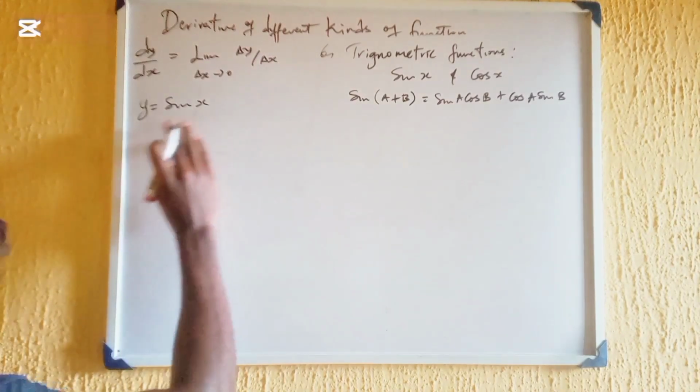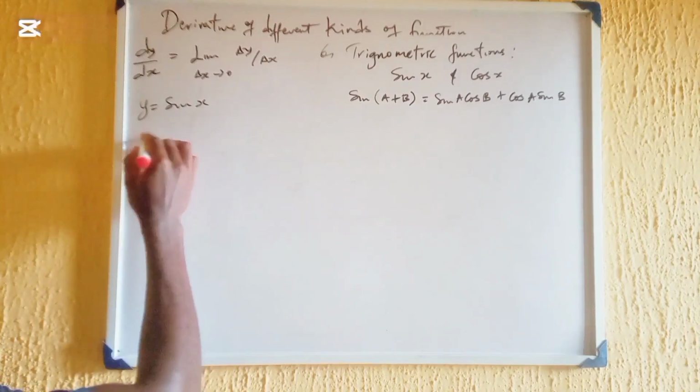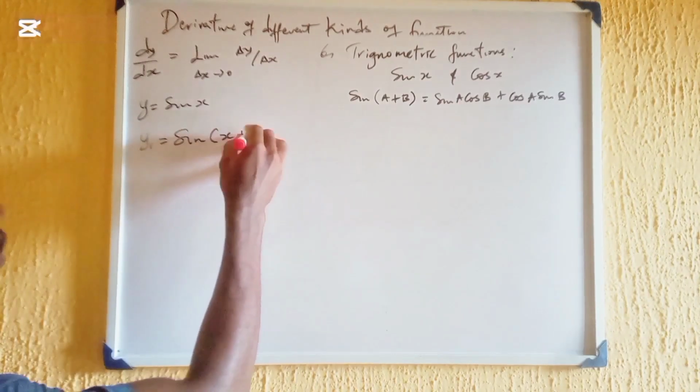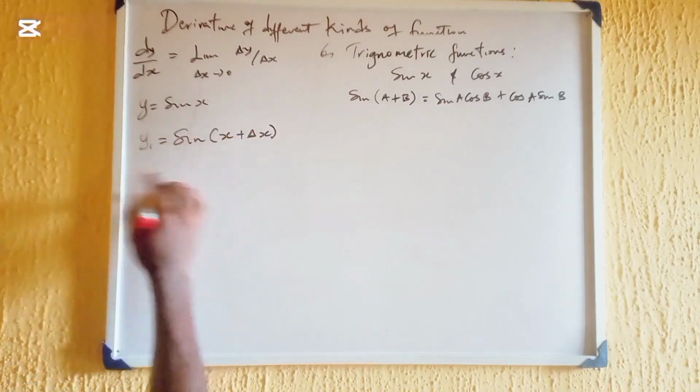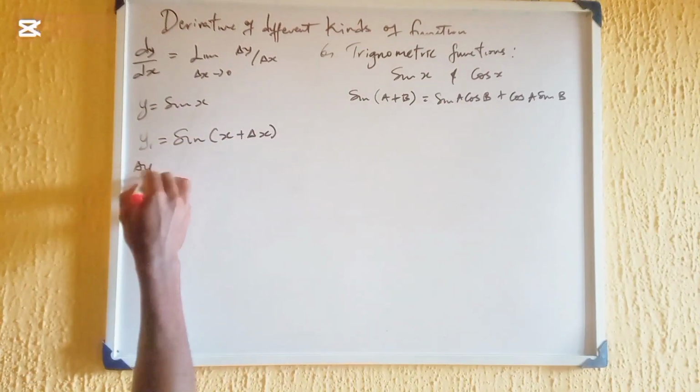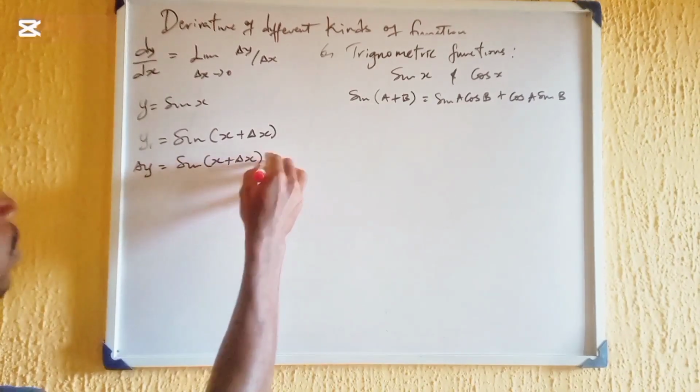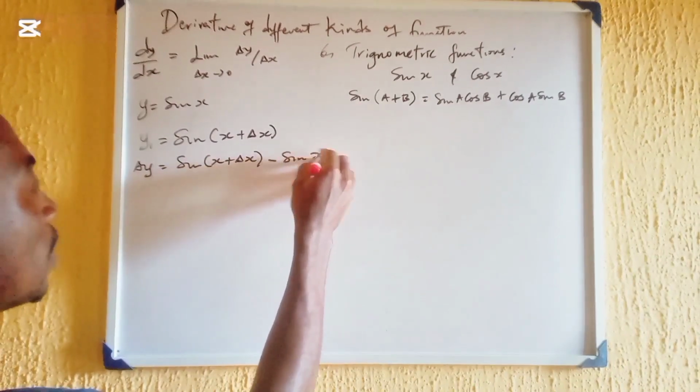So what do we do? We'll have y equal to sin x. Then y1 will be equal to sin(x + change in x). Then change in y will be sin(x + change in x) minus sin x.